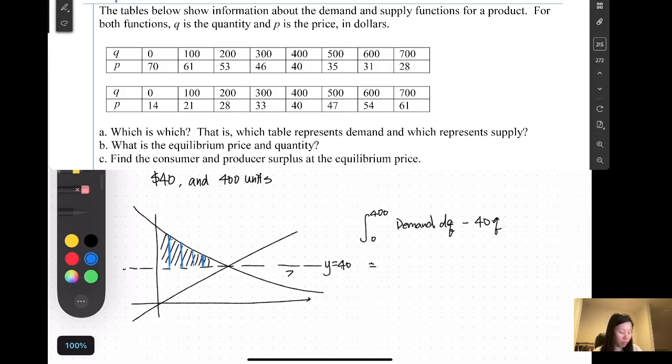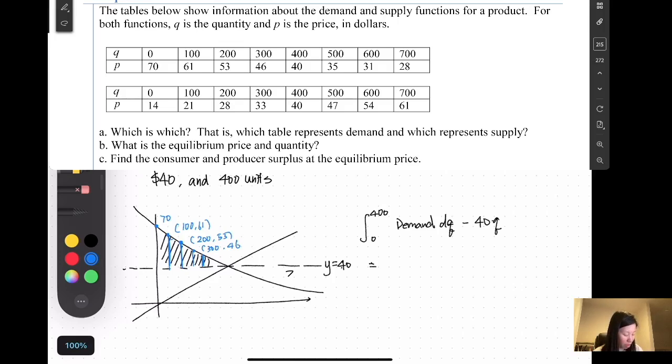I know that when x equals 0, p is equal to 70. So that means here is 17. At this point, it's going to be 61, and that point is going to be 200, and then 53. And this point is going to be 46.